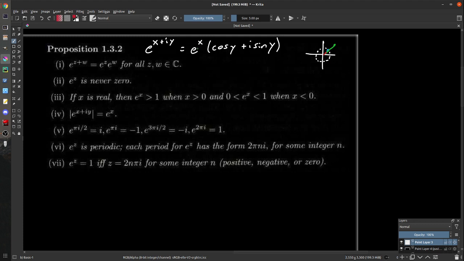If it's negative, it'll be flipping the fractions. But this last piece has the most little things to double check, that you don't get 1 from some other combination. Basically this is saying 2n pi i, positive, negative, or 0.